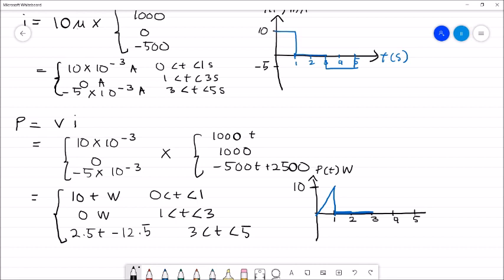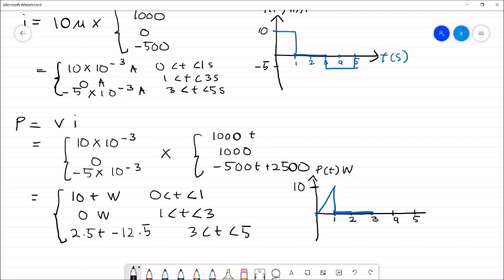In order for you to draw this graph, you need to substitute the values of 3 and 5 in the equation.